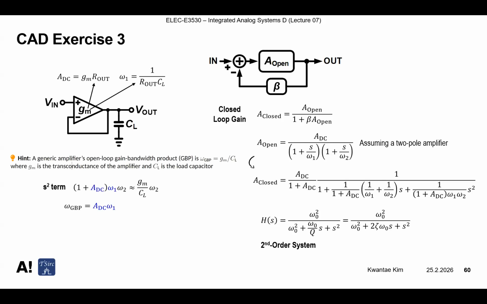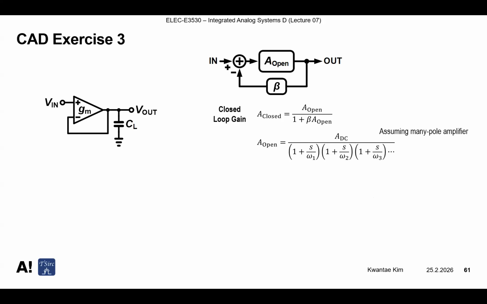This is exactly what we solved for today's quiz, right? The gm is the transconductance and CL is the load capacitor here. And let's assume that it has many poles, as we have in our analysis. If you plot the pole zero analysis, then there are some poles, right? That means it has multiple poles.